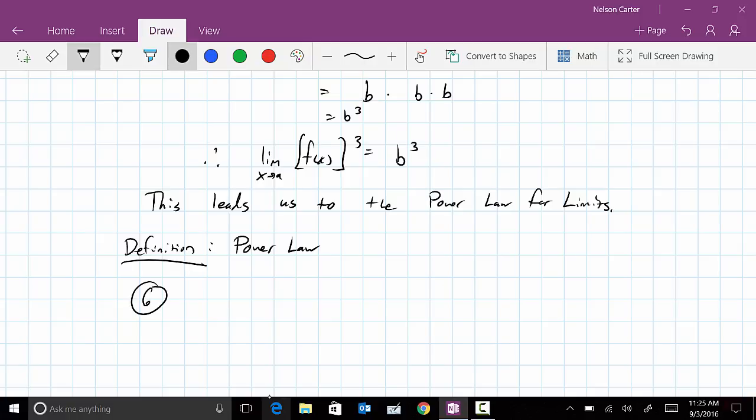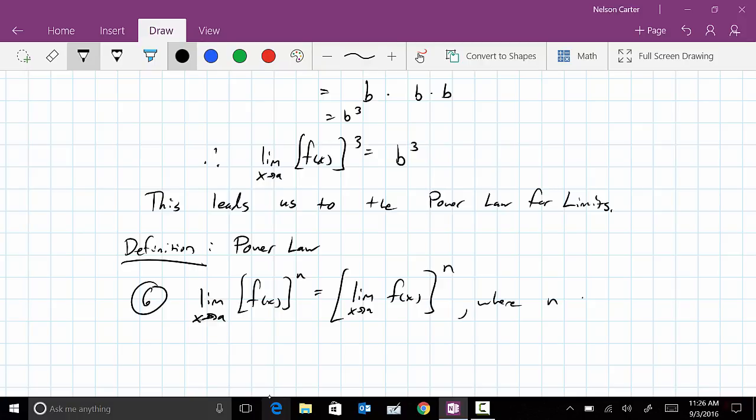So this says that the limit as x approaches a of f of x all to the power n is equal to the limit as x approaches a of f of x, remember, in our example that ended up being b, and then just raise that to a power of n. And this is true where n is any positive integer.